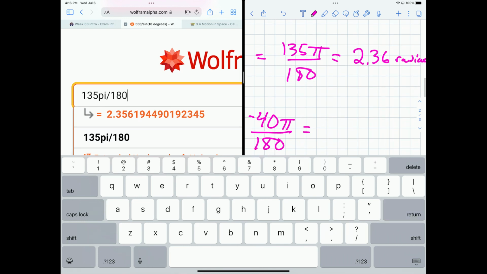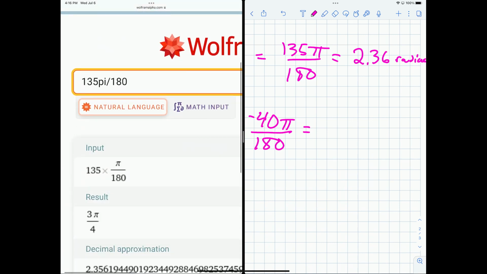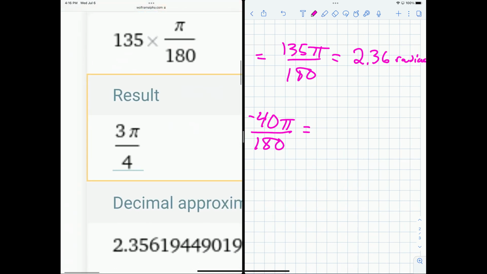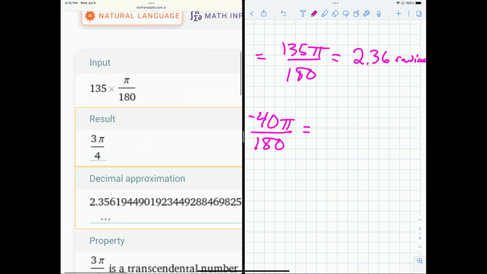Or you can just leave it as a fraction, which I'll type in here and you'll see 3 pi over 4. So I could just leave it that way, 3 pi over 4. That's a better answer. Okay, but it's about 2.36.